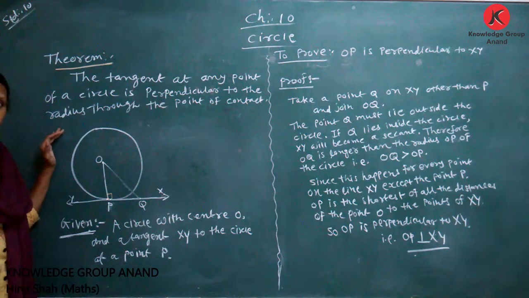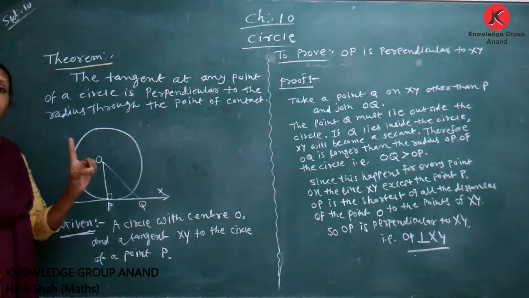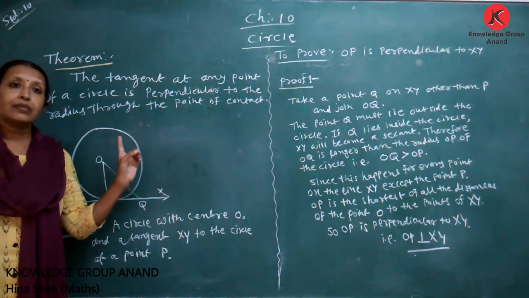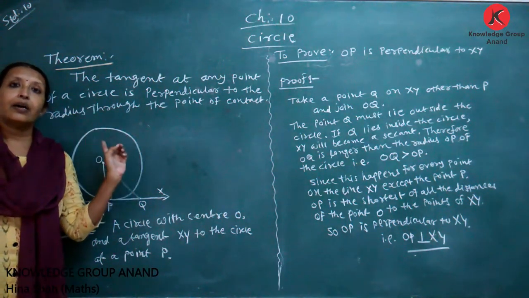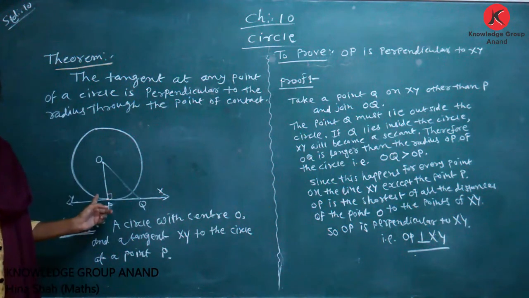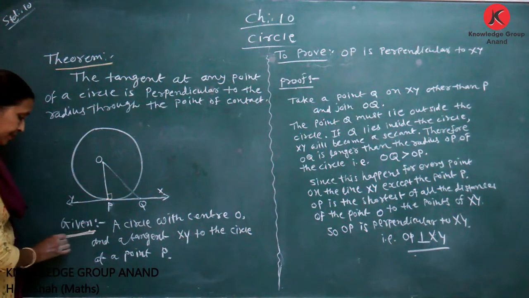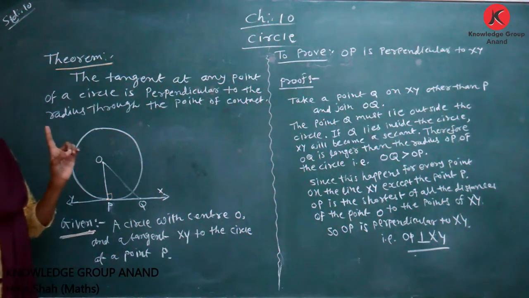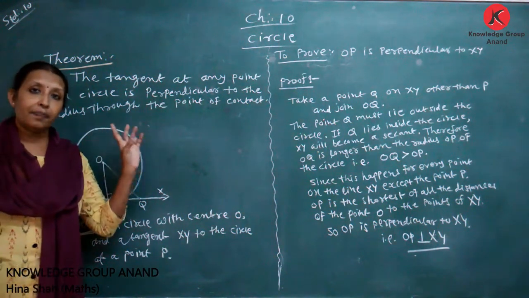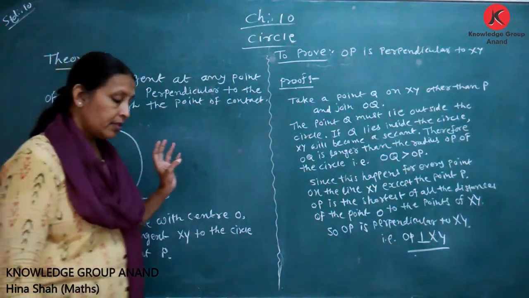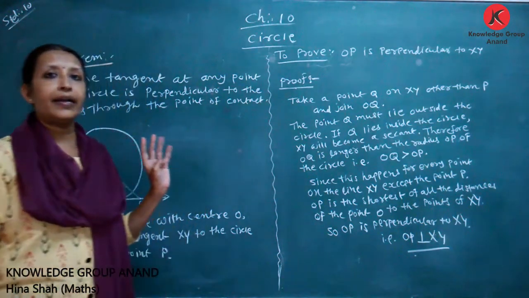First we draw the figure using a compass, pencil and scale. In a theorem, we write three parts: given, to prove, and proof.